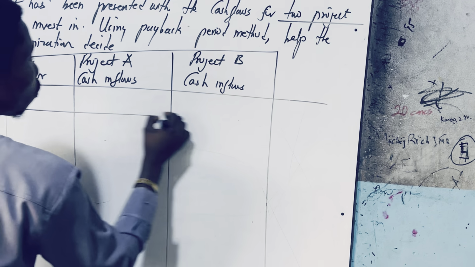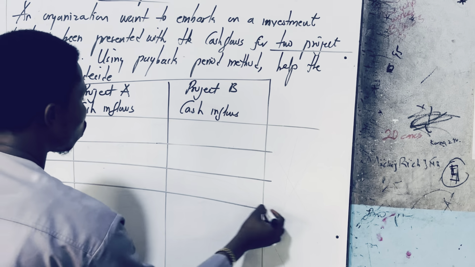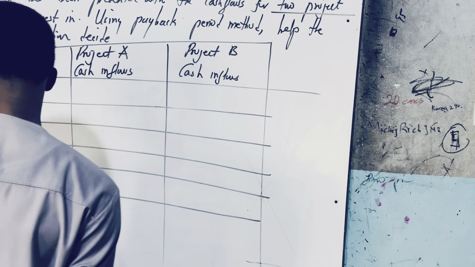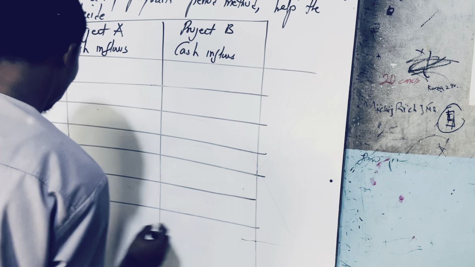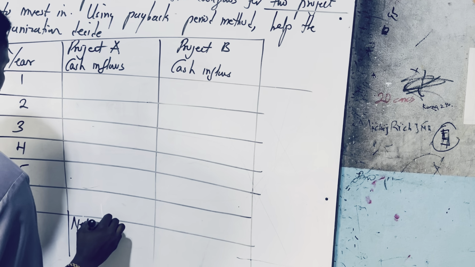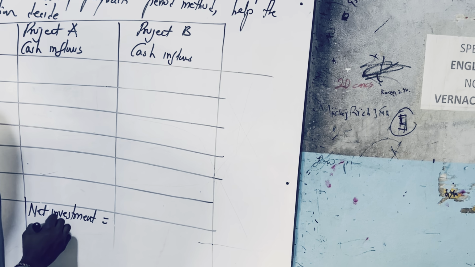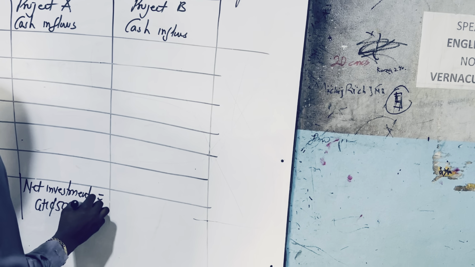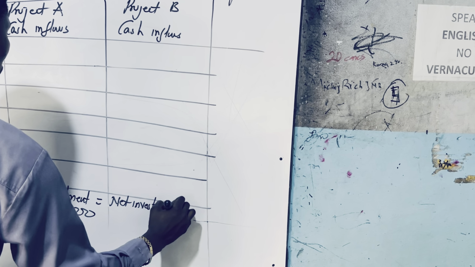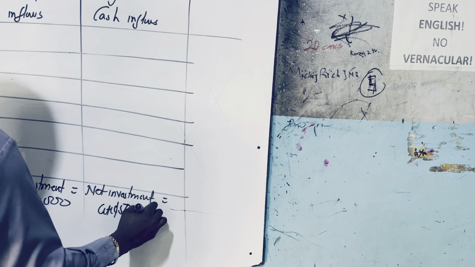So we have year 1, year 2, year 3, year 4, year 5, year 6. And then we have net investment. Net investment is equal to 50,000. And then we have net investment over here, also 50,000.